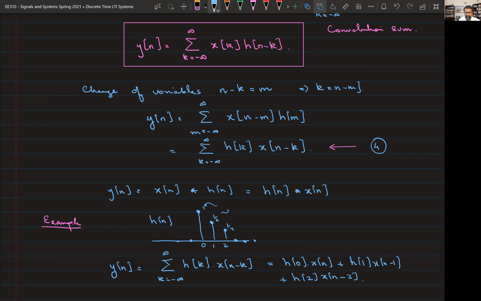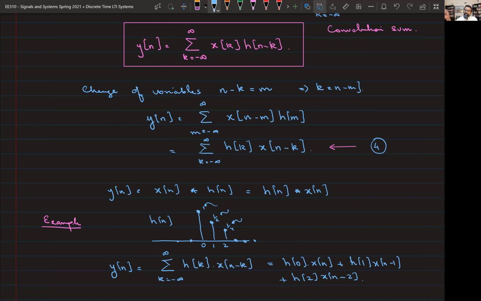This half means that there's going to be another copy in the output, and that copy is going to be the input shifted by 1 but scaled by half, right? And then there's another copy which is a copy of the input but shifted by 2 samples and then scaled by 1 by 4. And then at the end, all of these 3 copies add up, right?